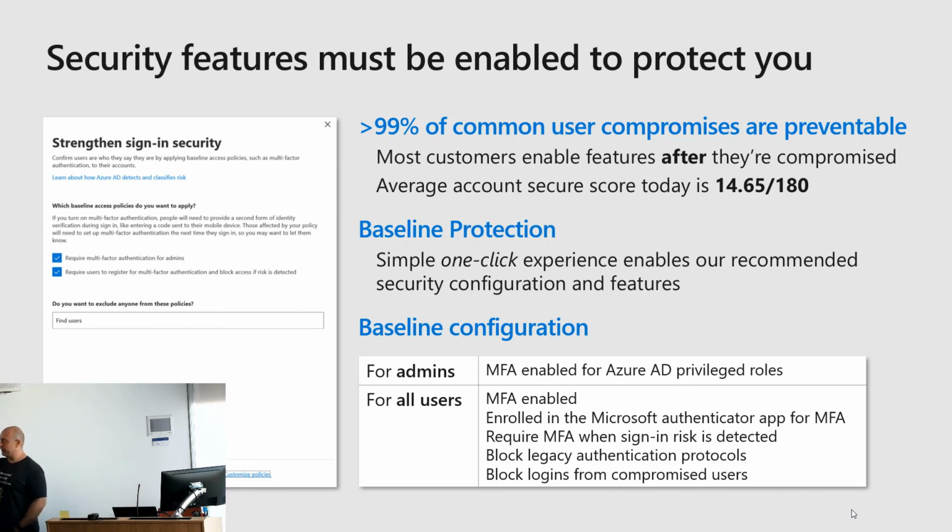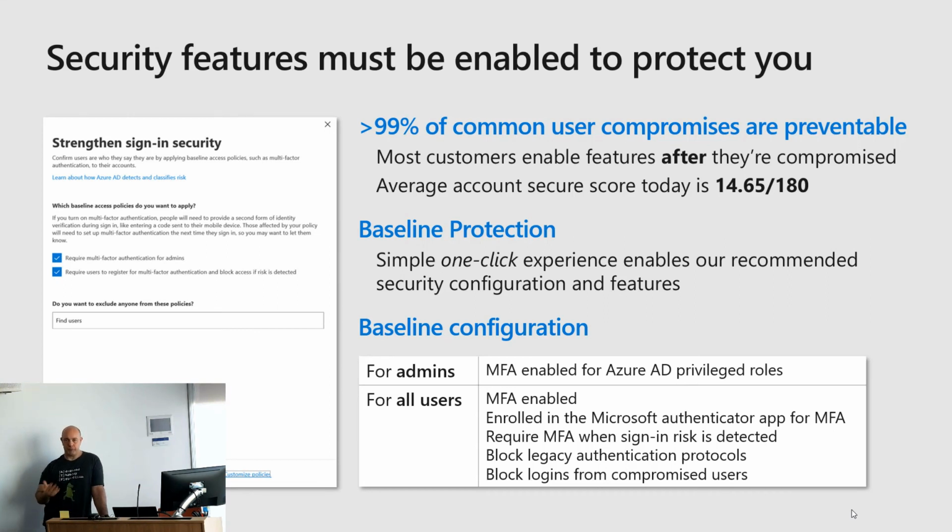So blocking legacy authentication protocols, requiring MFA when risk is enabled, making sure users are enrolled. So these are things where Microsoft is saying, look, we don't give you a choice if you're setting up an Outlook.com account. You have to enable MFA, otherwise you can't create an account. On the user side, I'm not saying that all of your business users would necessarily be better equipped for MFA today than they were a few years ago, but a lot of them definitely are.